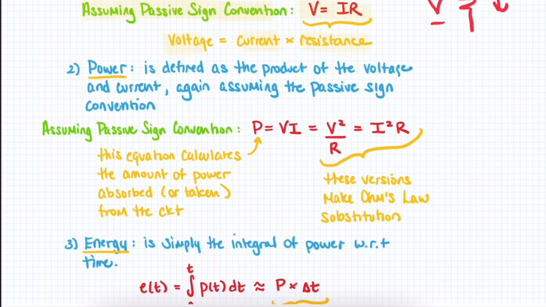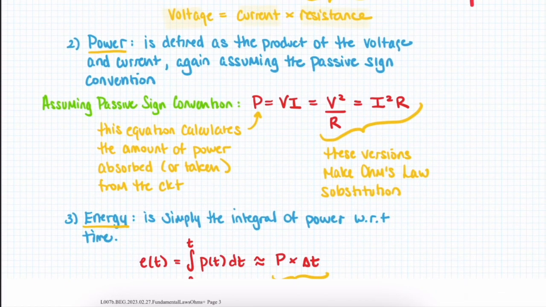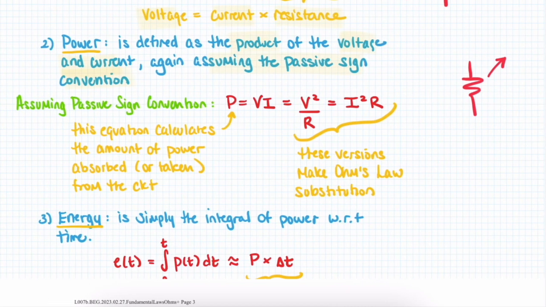Next, we have power. Power is defined as the product of the voltage and current, again assuming the passive sign convention. Now, what do we mean by assuming the passive sign convention? When we talk about power, power can flow in two directions. This could be power that's pulled from the system. One example is a heating element.